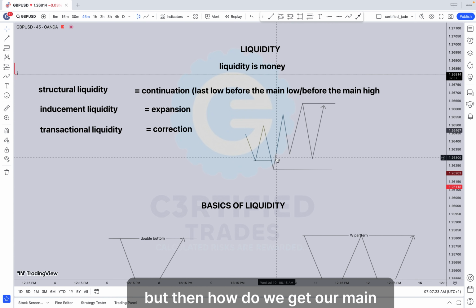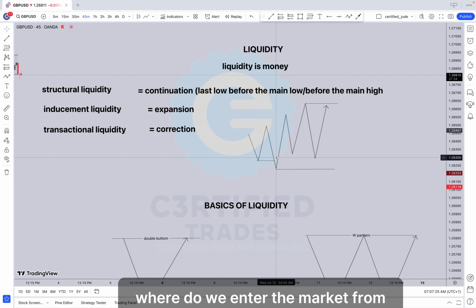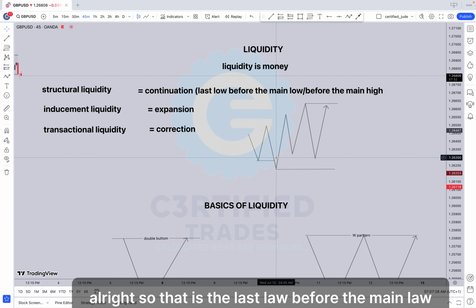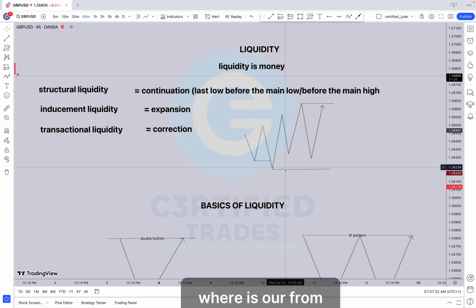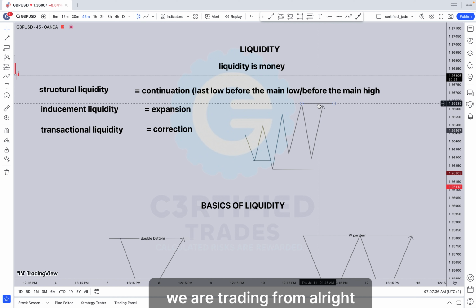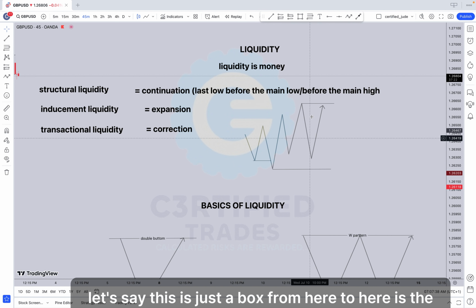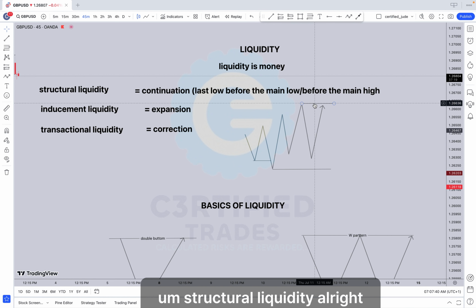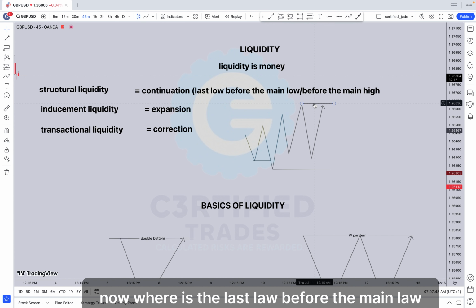But how do we know where we enter the market from? That is the last low before the main low. Here and here is where we are trading from. Let's say this is just a box. From here to here is the structural liquidity. Where is the last low before the main low?